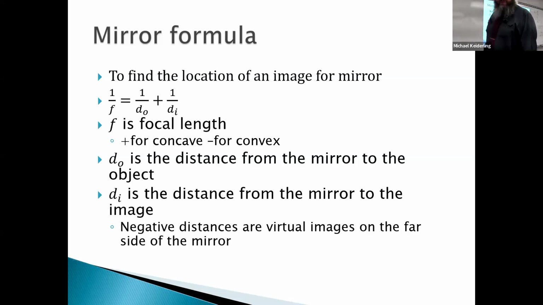So that's sort of the conventions. Positive is on the same side of the mirror as the object, negative is on the far side.